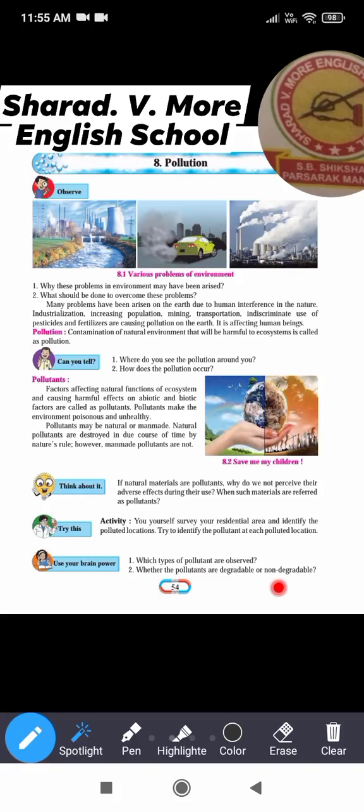For example, glass and plastic are not easily acted upon by bacteria and other microorganisms like fungus, that's why they are non-degradable. So these pollutants are classified into two categories, degradable and non-degradable, based on whether they are destroyed easily by microorganisms or not.